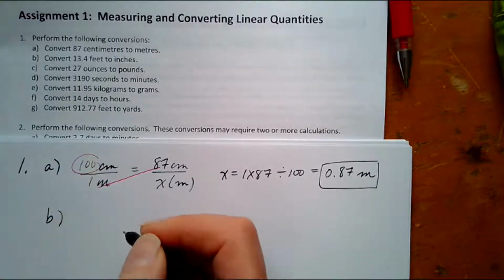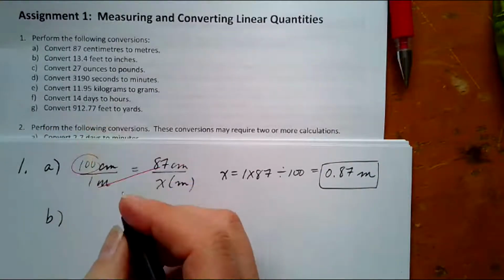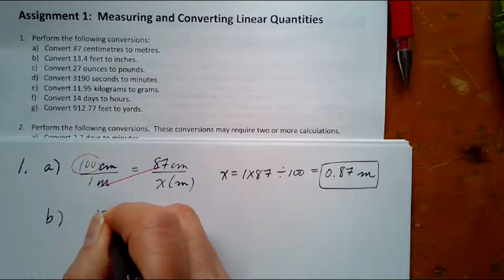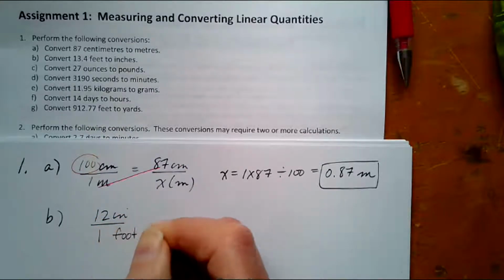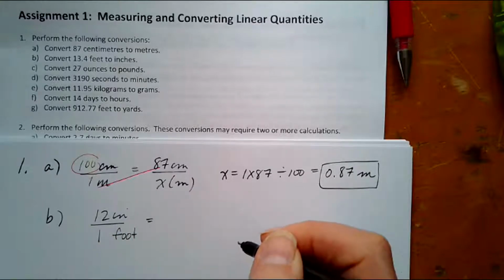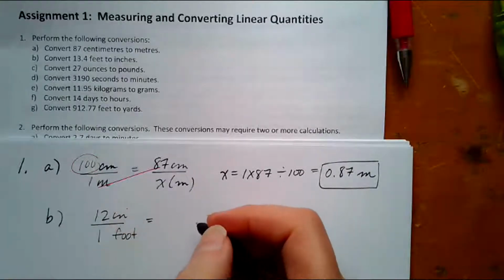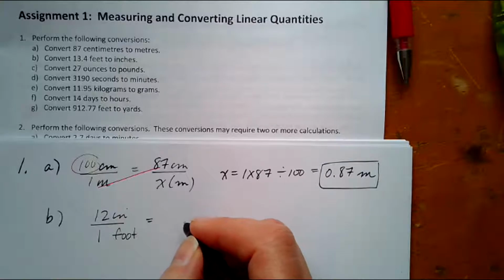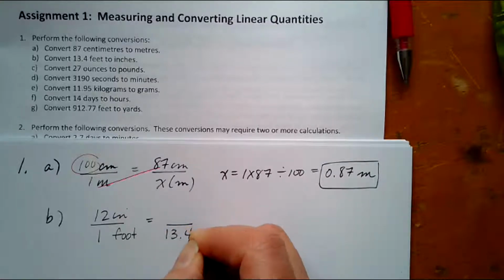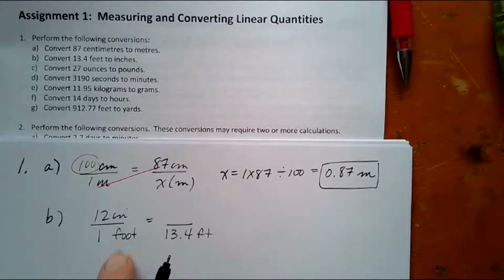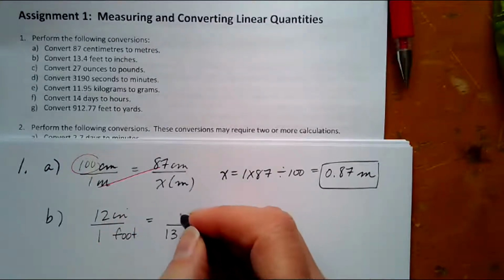Let's try feet to inches. Well, I know that 12 inches equals 1 foot. This is imperial measure. It's a little harder because the numbers don't really make sense. And they want me to convert 13.4 feet to inches. So 13.4, the feet has to go on the bottom if it was on the bottom of my first fraction.